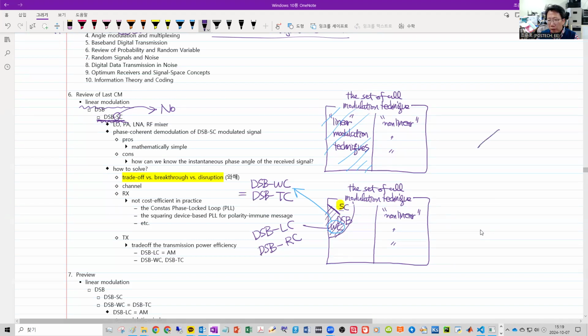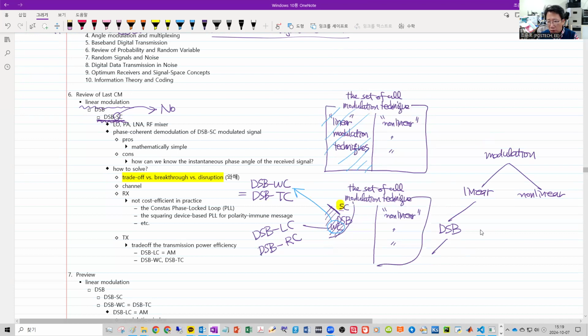So let me do this again, let me use a tree. Here is your modulation techniques, linear, non-linear, and among many linear, you have double sideband modulation techniques, and you have two: DSB suppressed carrier, and DSB, double sideband with carrier or transmitted carrier.